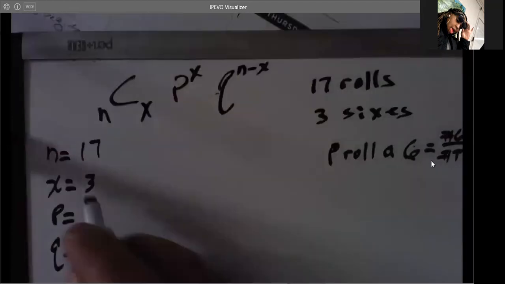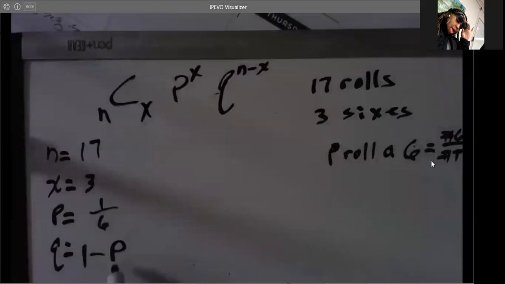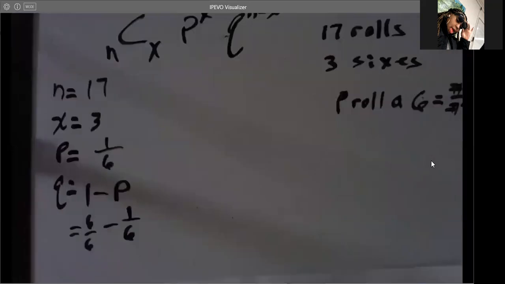So it's 1 over 6, right? So the probability of failure, Q, is 1 minus P. Since P is 1 over 6, we're going to change 1 to 6 over 6 so that we get a common denominator. So 6 minus 1 is 5 over 6. Okay?